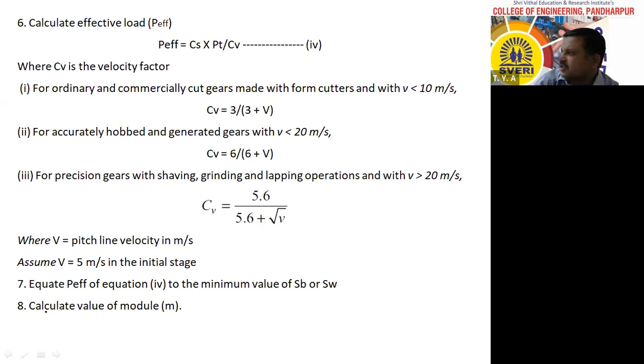And the last step, the 8th step, is to calculate the value of module M. These are the steps when we are going to solve a problem related to module. If we do these steps, you can find out the module.